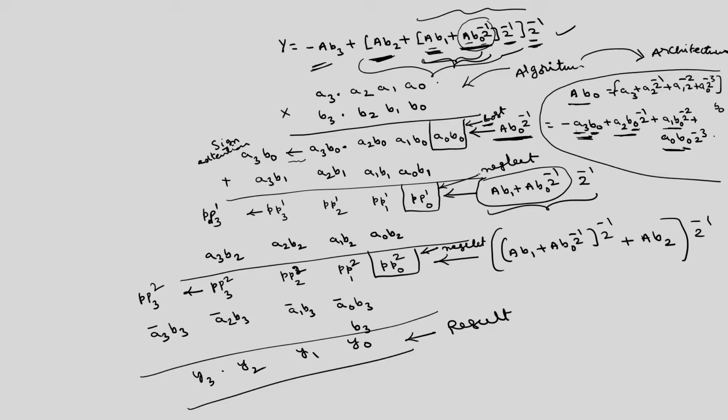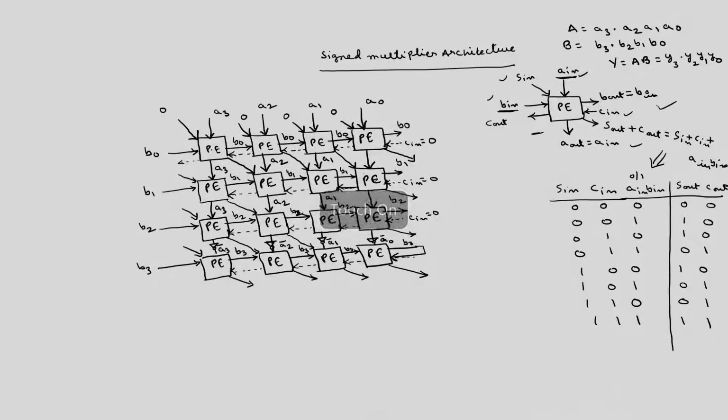So A0, B0, basically here this should be A0, B0. We can see that here, what is the output here? If I call this the processing element, for this definition of the processing element, what is the output of this first processing element? S out plus C out is equal to S in plus C in plus A0, B0, for this particular processing element.